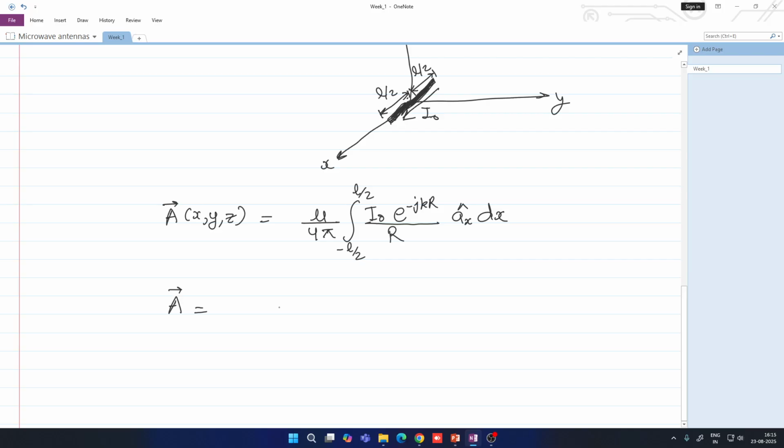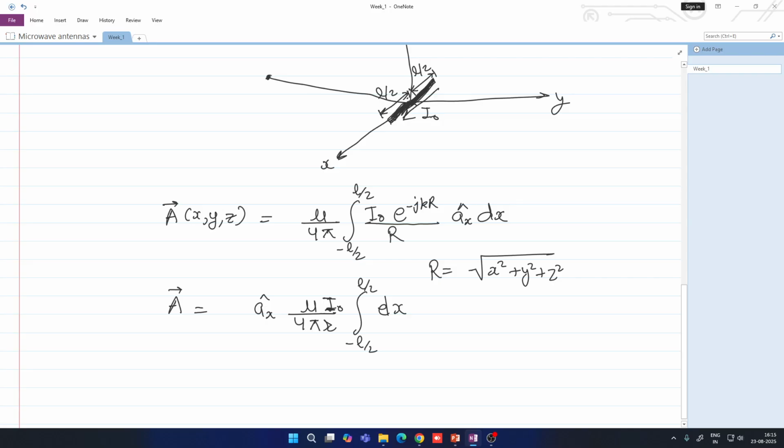So we can write this as a x cap, the unit vector along the x-axis, mu by 4 pi r. I naught is also a constant, so we'll take it out. So we have to integrate from minus L by 2 to plus L by 2 e to the power minus j k r dx. Here r is the square root of x square plus y square plus z square.